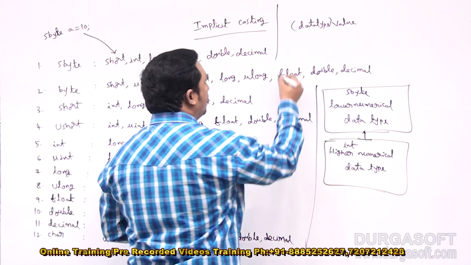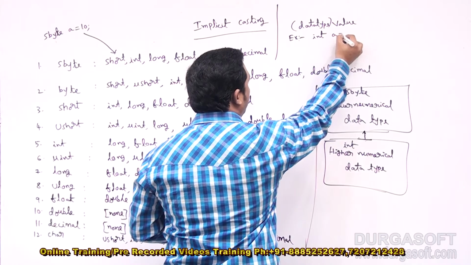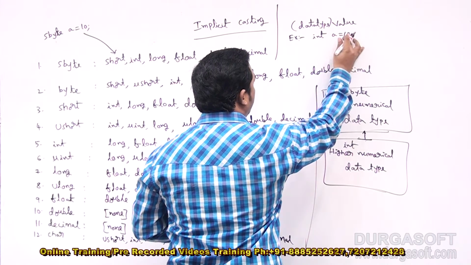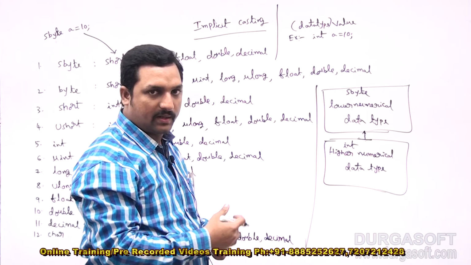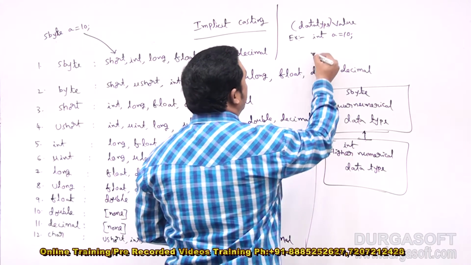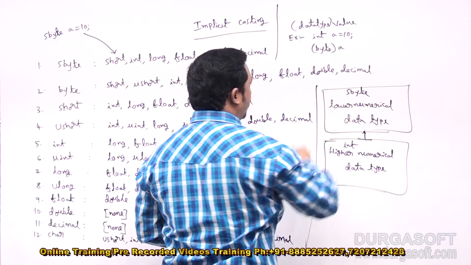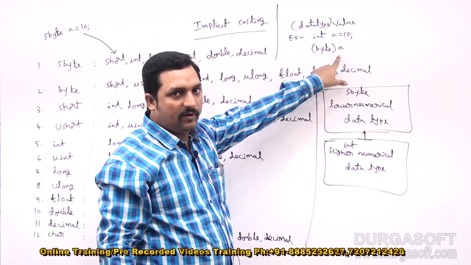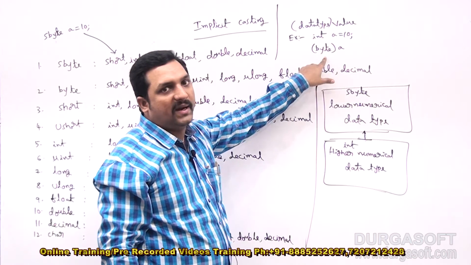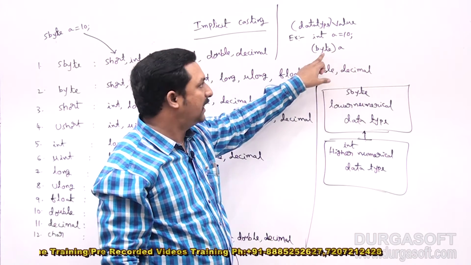For example, we have int a equal to 10. Suppose you want to convert the same into byte data type. How to convert? In the brackets we have to provide byte, then we mention the value. That means the value will be converted into byte data type.